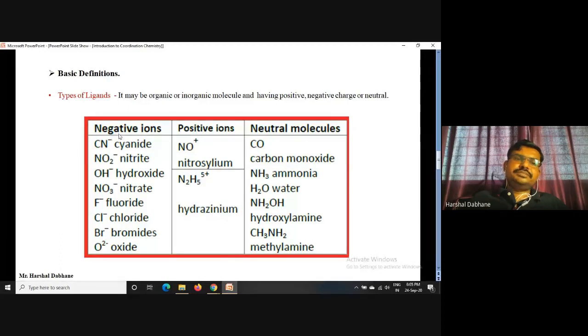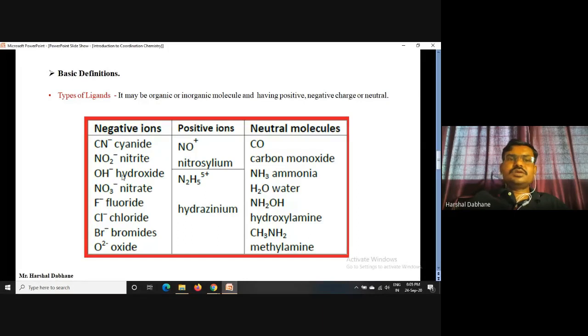First, the negative ligands. We have cyanide, CN negative, then NO2 negative, that is nitrite. Then hydroxide, nitrate, fluoride, chloride, bromide, and oxide.